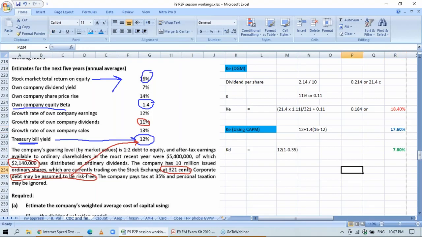Obviously, the WACC using dividend growth model will be higher, because the cost of equity using DGM is higher. Okay, so let's calculate the WACC.